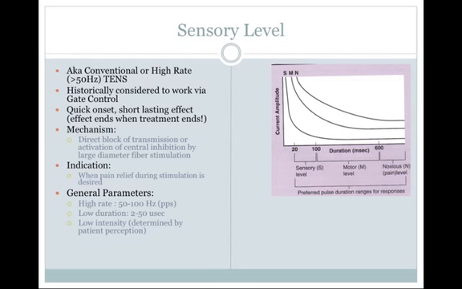The short version of how this is supposed to work is, as it says on the slide, a direct block of transmission. Basically, putting the nerve on a busy signal. We're putting some stimulus into those large diameter nerve fibers, and we're tying up the transmission of the painful responses that are traveling up those same nerve pathways.